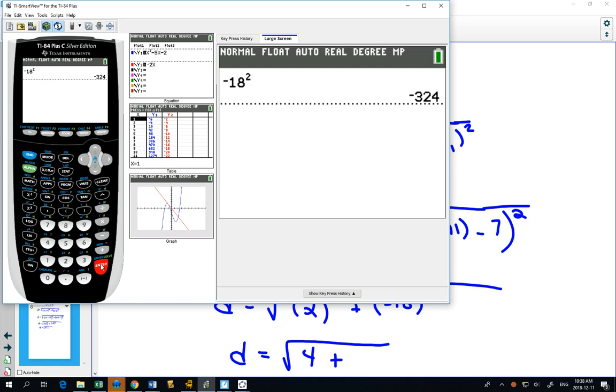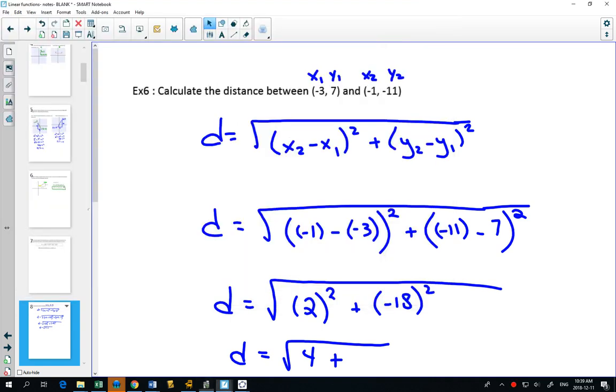Because technically what your calculator does is your calculator squared 18 then multiplied by a negative, which is the correct order of operations. But this isn't what we wanted to do. We wanted to do all of negative 18 squared. And whether you square a positive number or a negative number, you should always get a positive number.